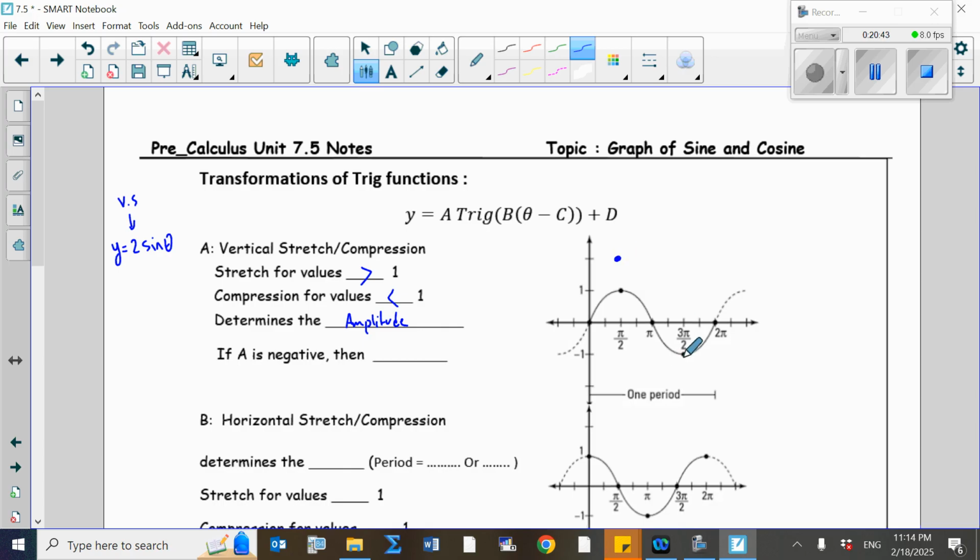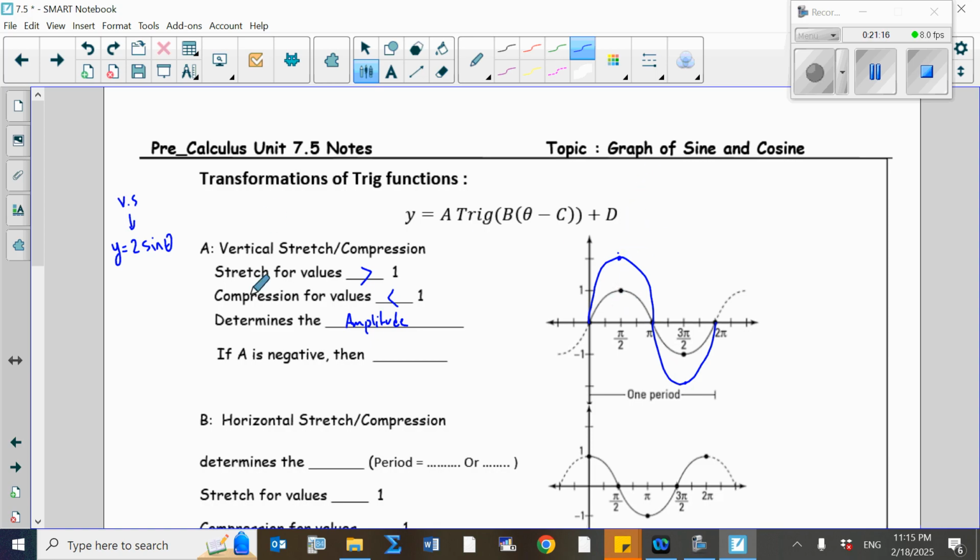And the lowest point, which was -1, since the amplitude was 1, now it's 2, it's going to go here. So the graph of the function will be vertically stretched, and it's going to look like this. I'm going to graph it one more time. Okay, this looks better. So notice that the middle points, which were at 0, are going to stay in the same place, but the highest and lowest points will be stretched by a factor of 2.